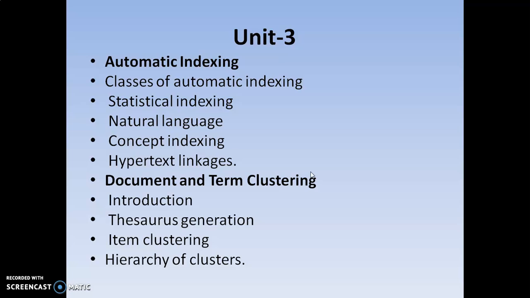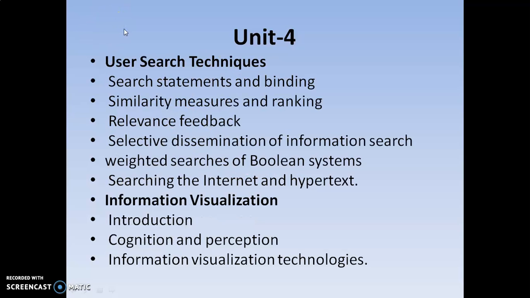Now we see what the contents of unit number 4 are. Again, unit number 4 is divided into 2 subsections: user search techniques and information visualization. In user search techniques, the concepts to be covered are search statements and binding, similarity measures and ranking, relevance feedback, selective dissemination of information search, weighted searches of Boolean systems, and searching the internet and hypertext.